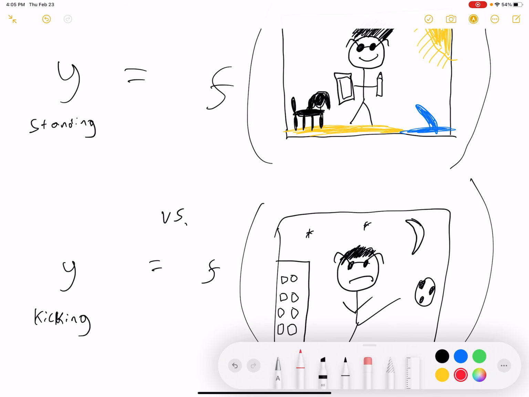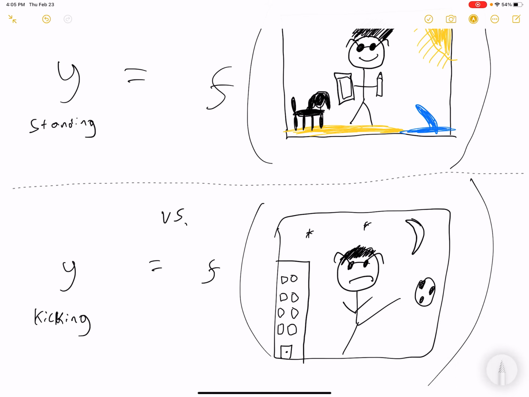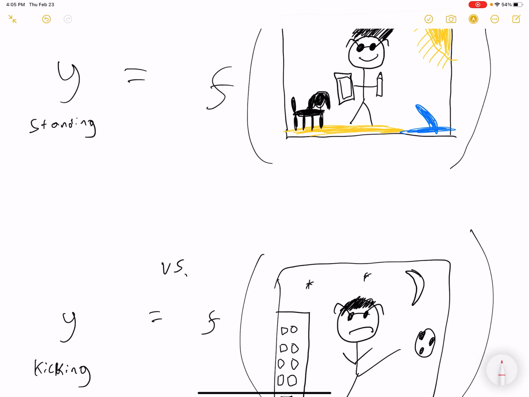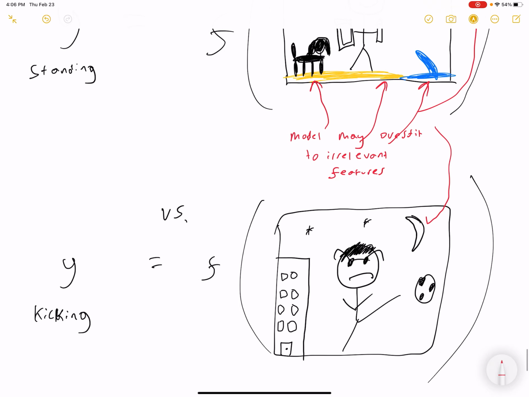We're predicting standing versus kicking, but a model might learn to overfit to all these other things in the image that aren't important for the ultimate classification. For example, the model may overfit to irrelevant features like Stella, the beach, the water, the sun, the moon, stars, a soccer ball, or the frown.